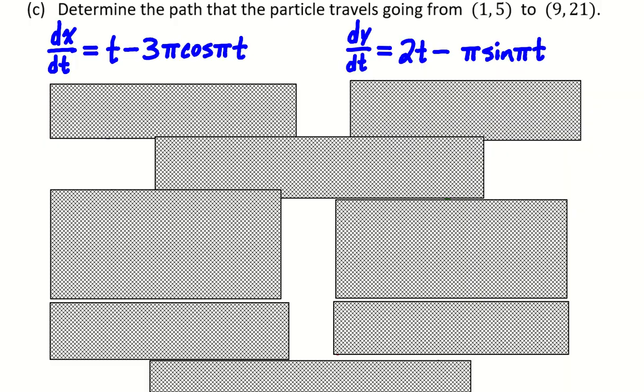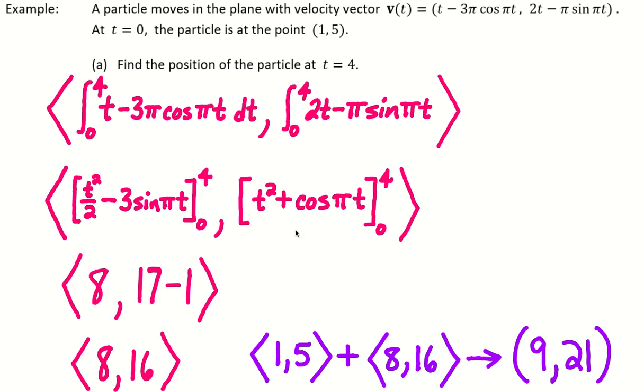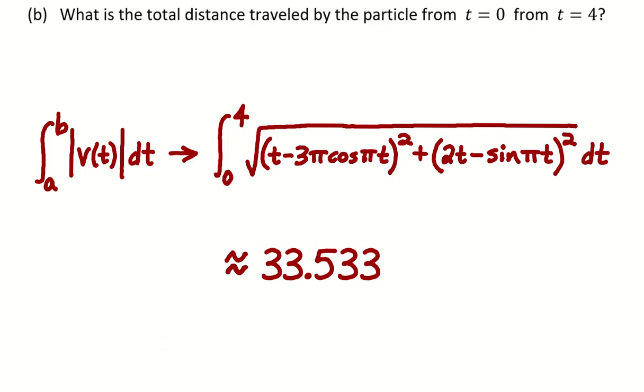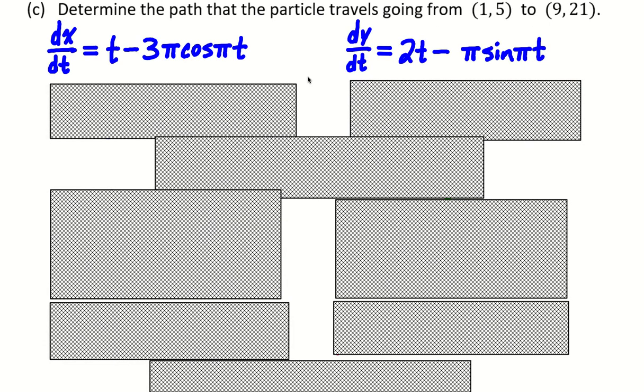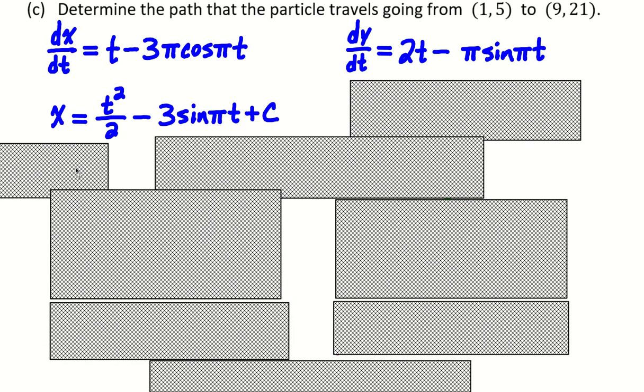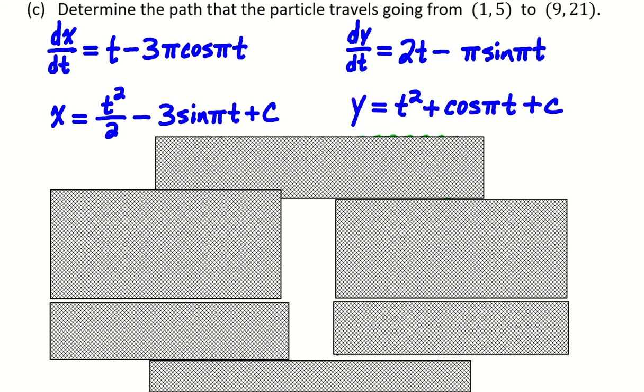Because we have the velocity, we need the position, because we've got to know what to plug into our calculator. So we're going to integrate, get a couple of plus c values, right?